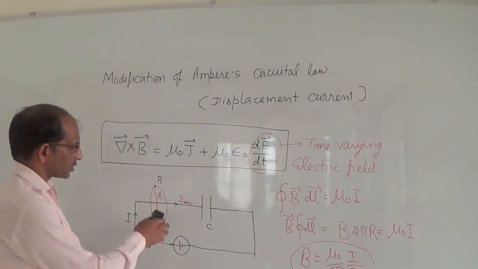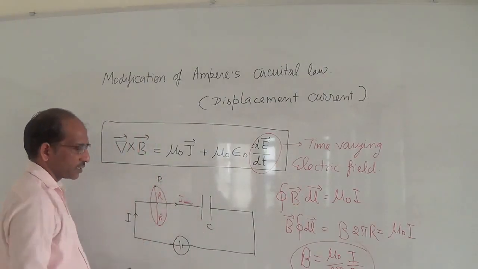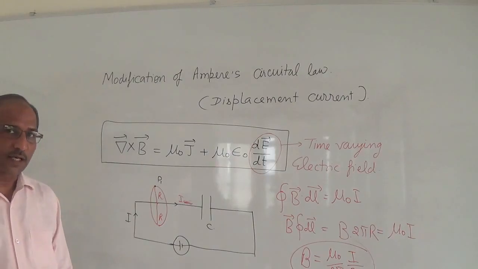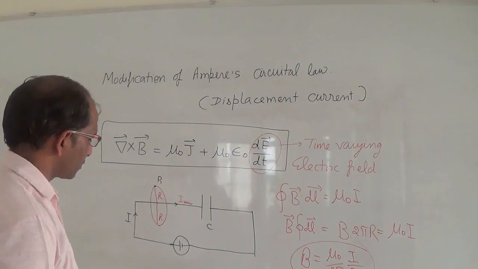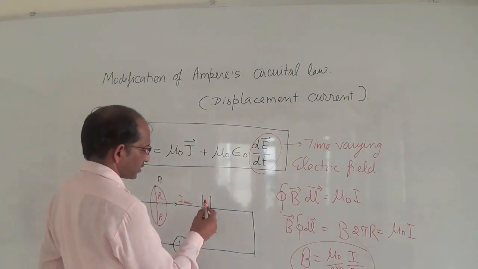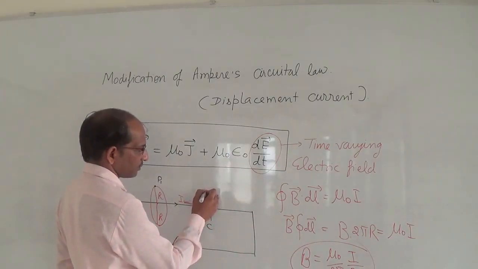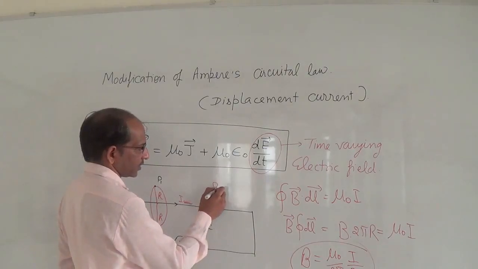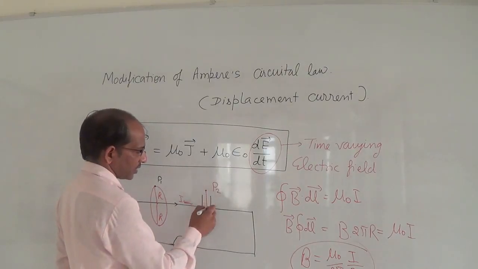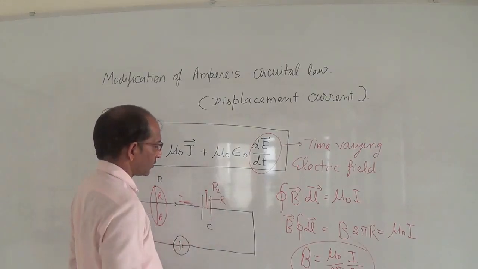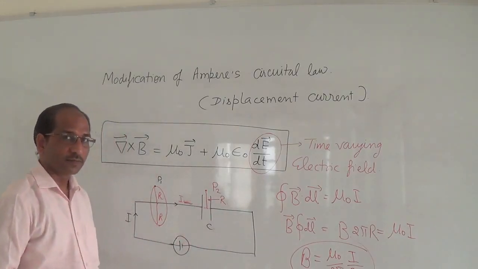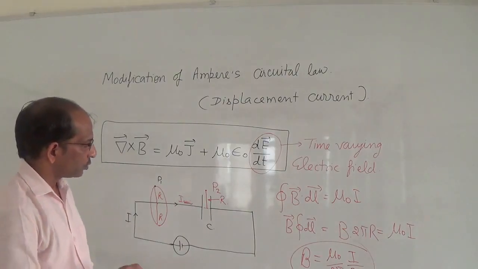So in this situation there is no problem to apply Ampere's law. But suppose in this particular case we consider the center of this capacitor, that is the P2 point, and the radius is again r.